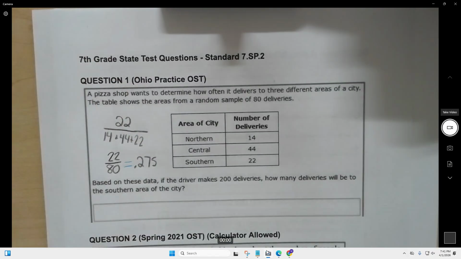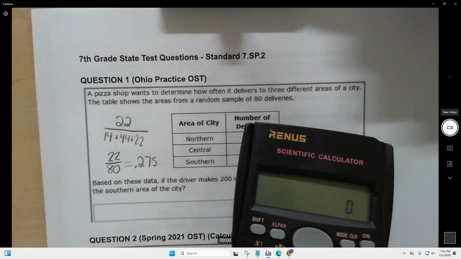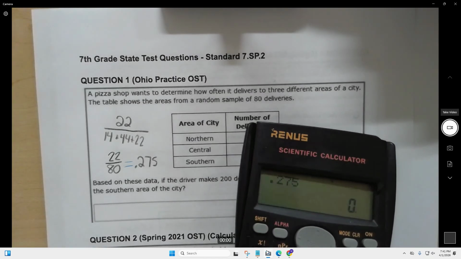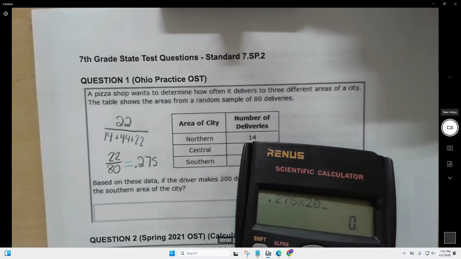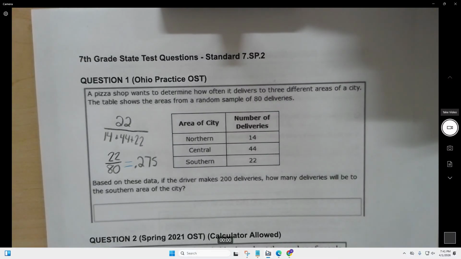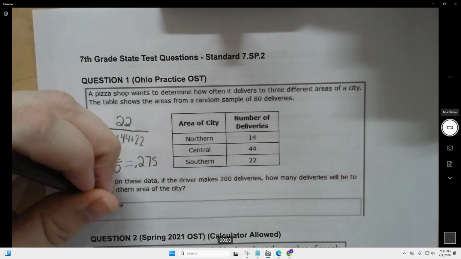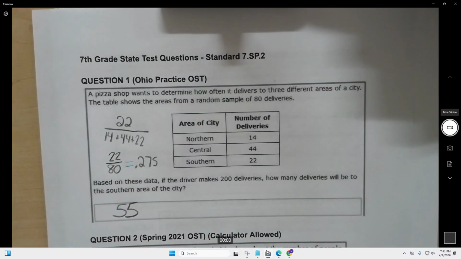So now we're going to use this data to predict, okay? So 27.5% of deliveries went to the southern area, and we're making 200 deliveries. We're going to do 0.275 times 200. That means 55 would be what you expect to go to the southern area.